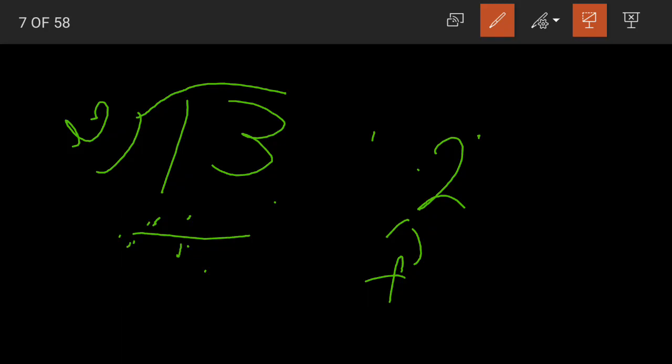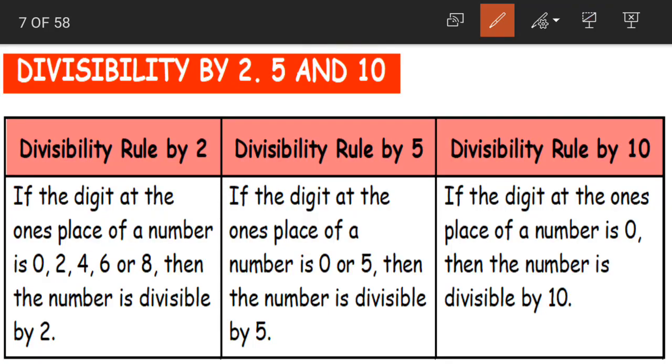Yes, but some mathematicians have developed some rules, divisibility rules. What are they called? Divisibility rules, by which we can say without even dividing the number whether the number is divisible by 2 or not. Understood? Just by looking at the number we can say whether the number is a multiple of 2 or not.